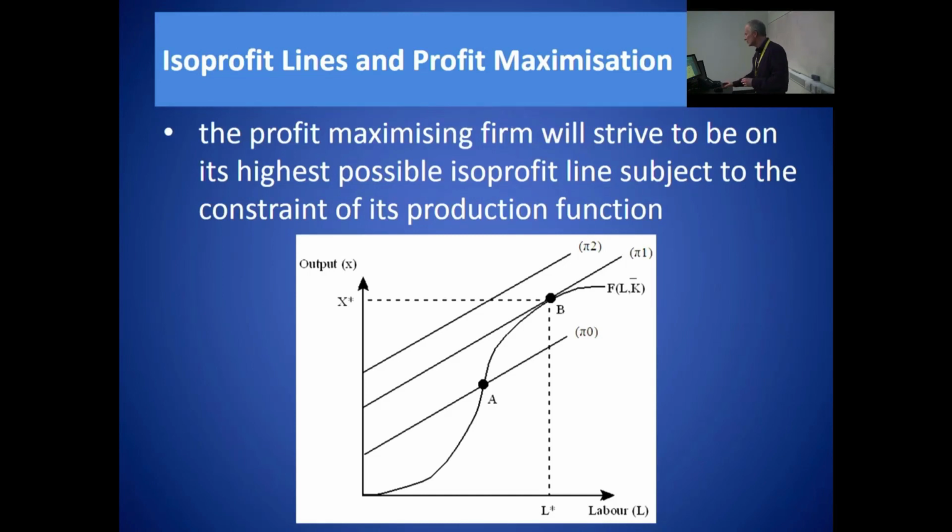But what I want you to do, just before we go on, is look at that part of the production function where point B is tangential. Now, our ISO profit line is a straight line. Could you draw a straight line that was tangential to the production function anywhere on the diagram where that curve is getting steeper?